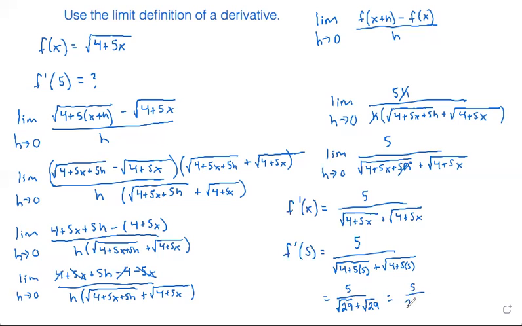It's 5 over 2 root 29. But technically I shouldn't leave a radical in the denominator. So I'm going to multiply top and bottom by root 29. And that gives me 5 root 29 over 2 times 29, which is 58. So this would be my final answer.